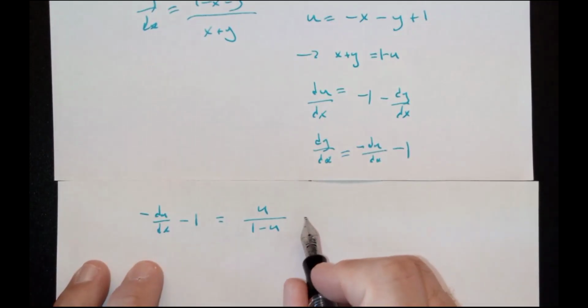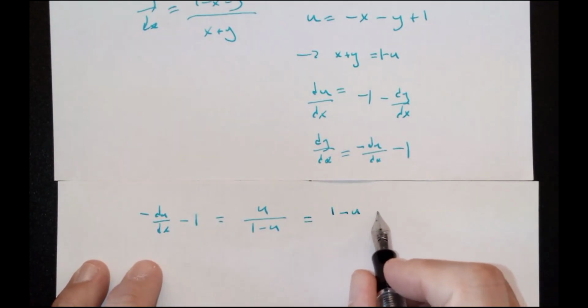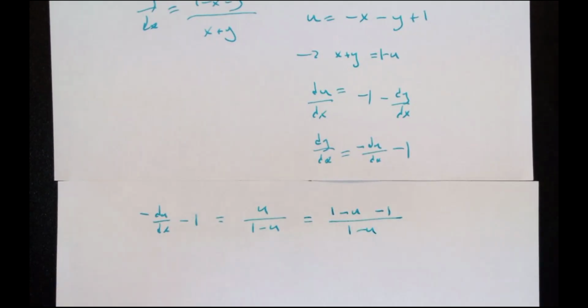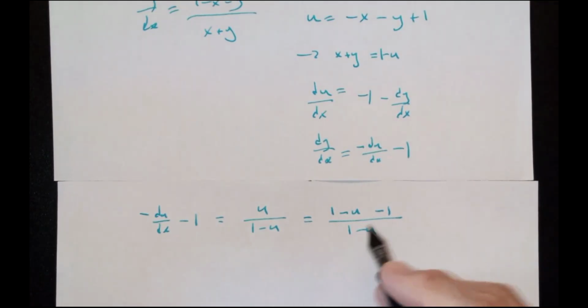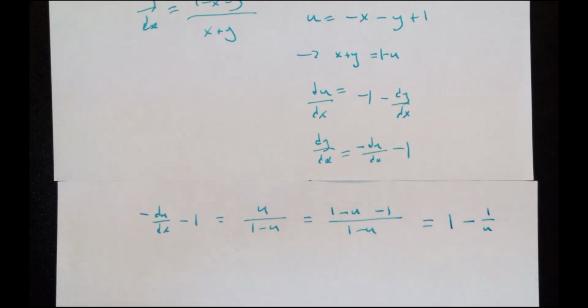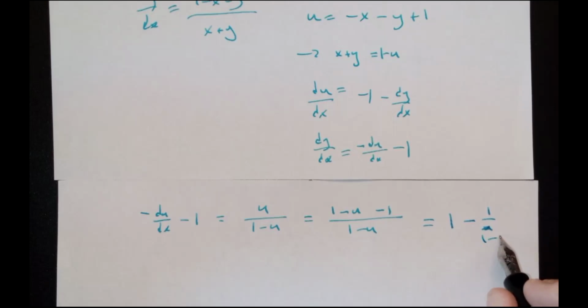But I'm going to add and subtract 1 on the top. I added 1 and I subtracted 1, right? Why is this a benefit to me? Because this is 1 minus 1 over u, 1 minus u.